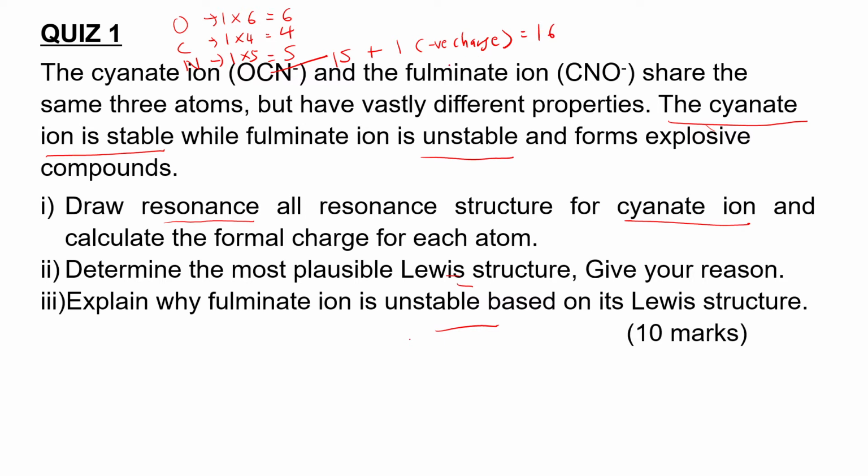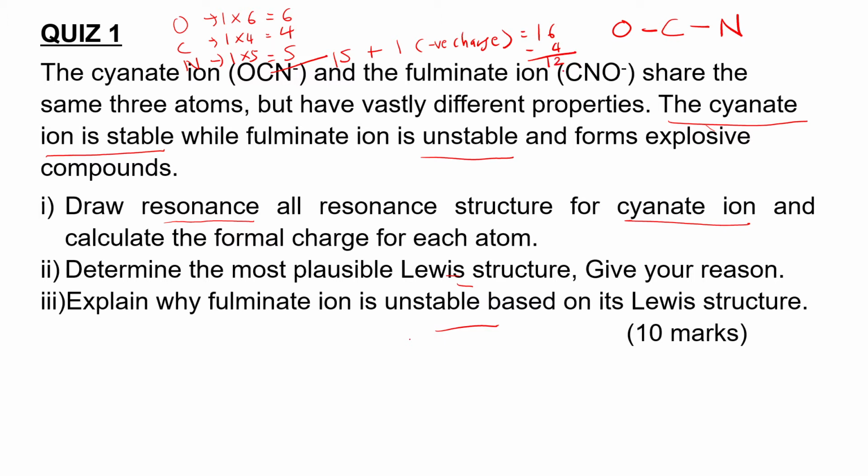Okay, so we have carbon as a central atom. Then we have oxygen and nitrogen. So we draw the skeletal structure using single bonds. So we have 2 single bonds, meaning minus 4. So we have 12 valence electrons left.